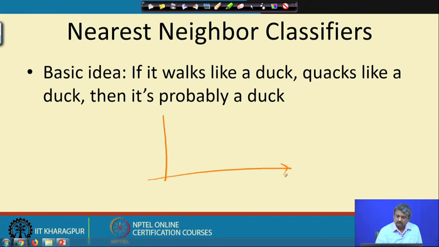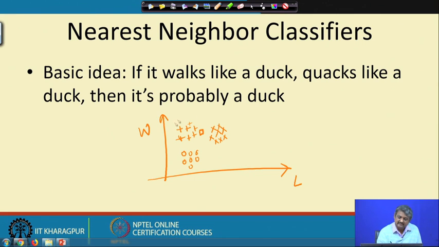So, this is my attribute space or training space, feature space, and I have my training points whose class labels I know. And when a new point is to be classified, instead of drawing a delta, I do a ranking.